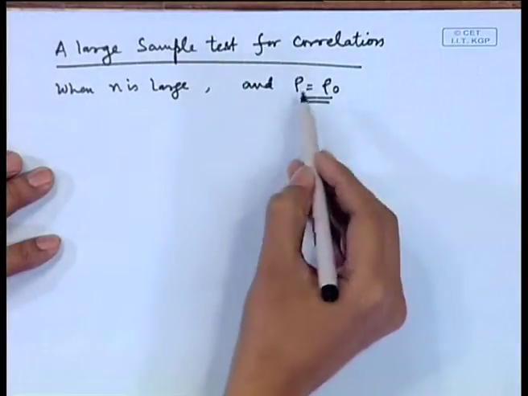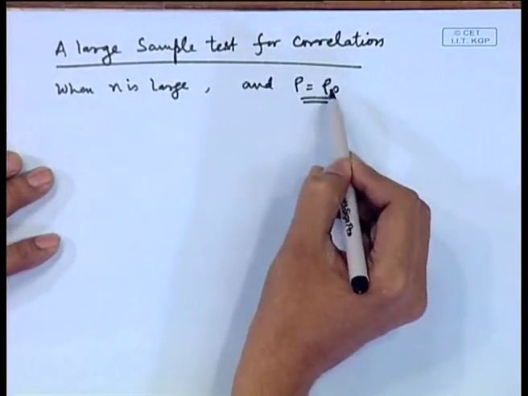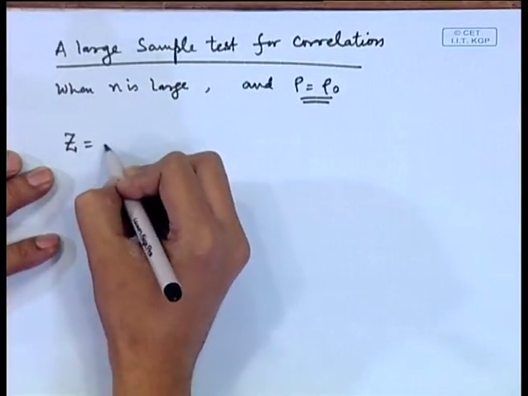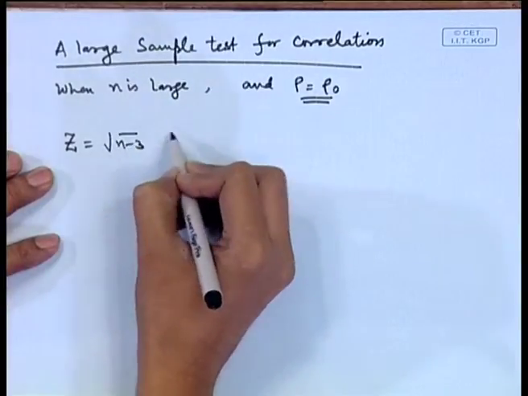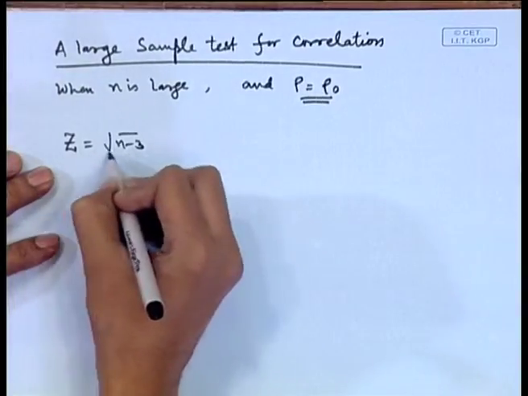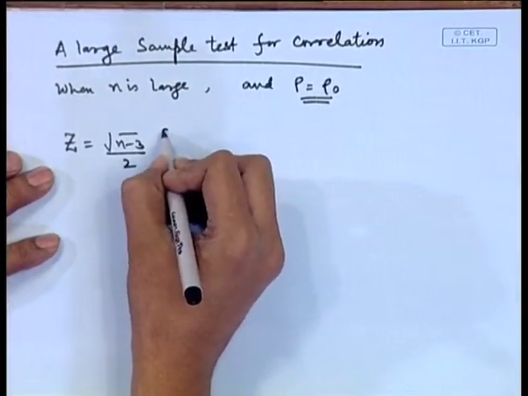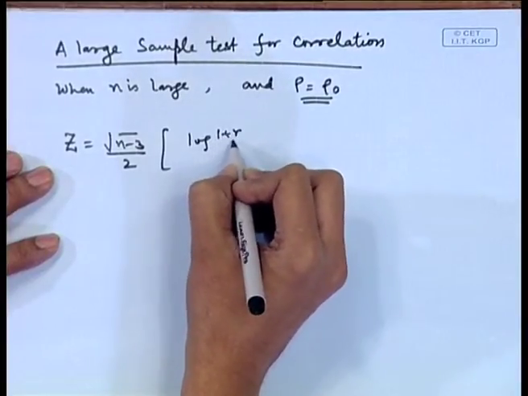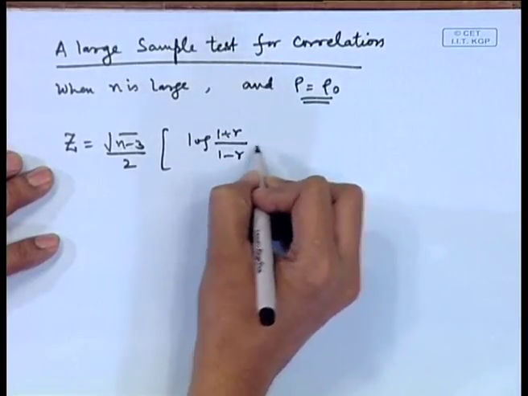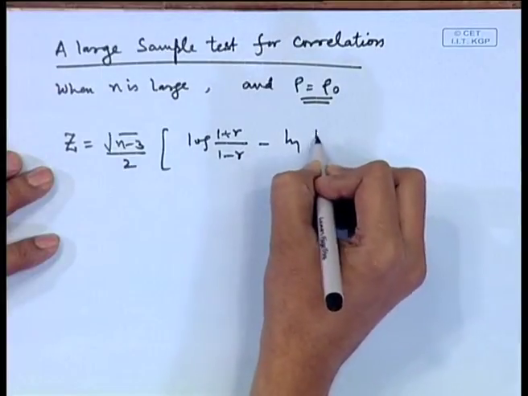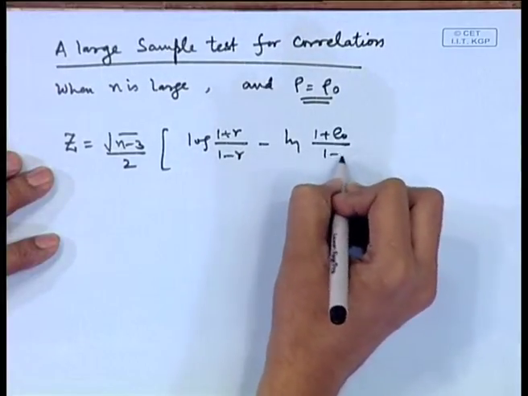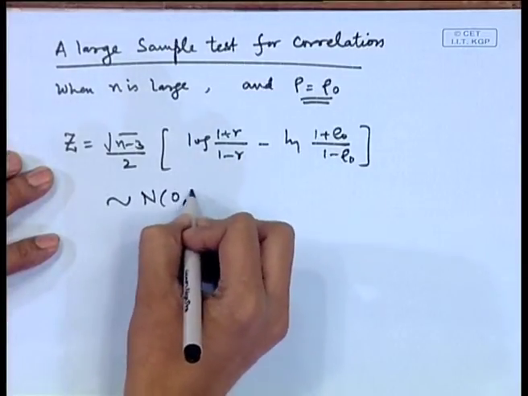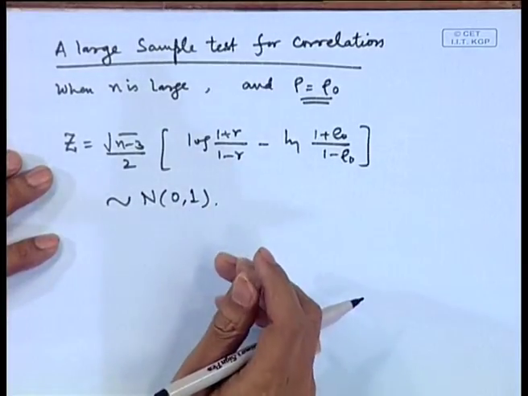So, we may not test that rho is equal to 0, but some arbitrary value rho naught, then we construct z that is equal to root n minus 3 by 2 into log of 1 plus r divided by 1 minus r minus log 1 plus rho naught divided by 1 minus rho naught. Then this has approximately normal 0, 1 distribution.